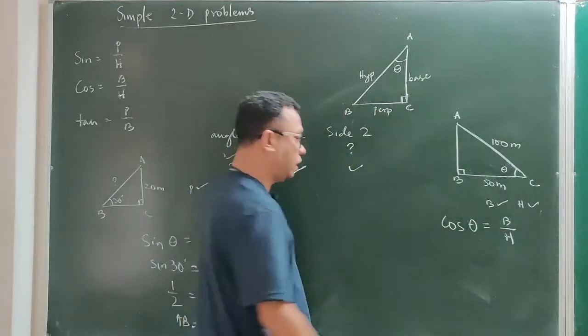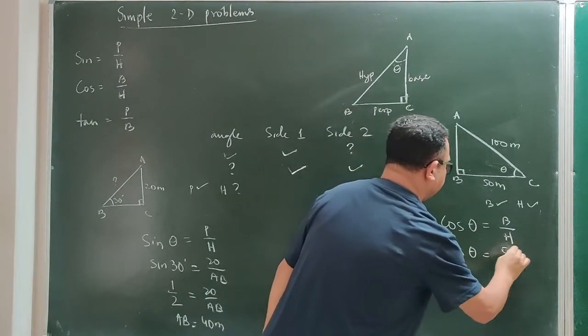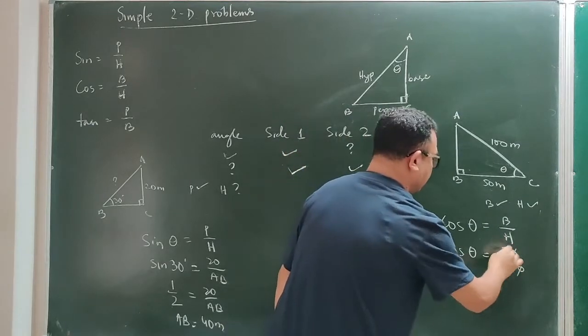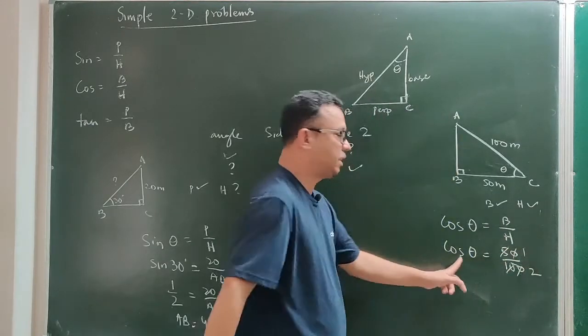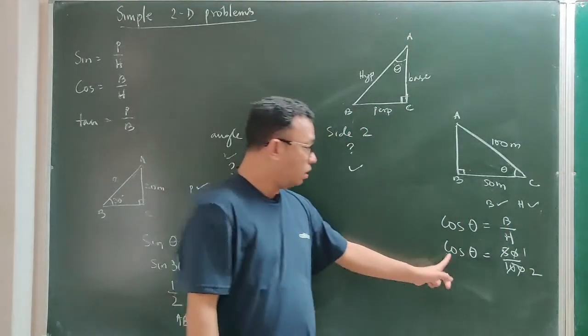Now whatever values are known to you, write them down. Cos theta is equal to base, base is 50 and hypotenuse is 100. If I cancel this, it is 1 by 2. So cos theta is 1 by 2. This type of question we have already solved in the previous exercise. Cos, how much is half?